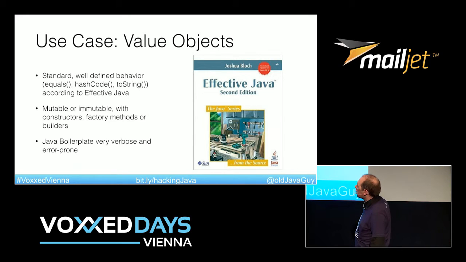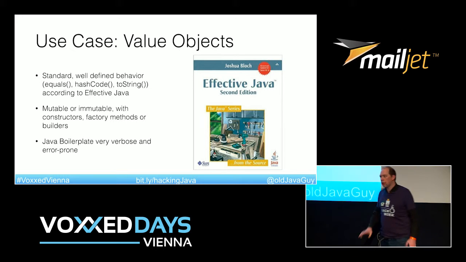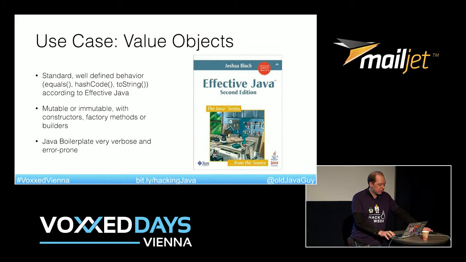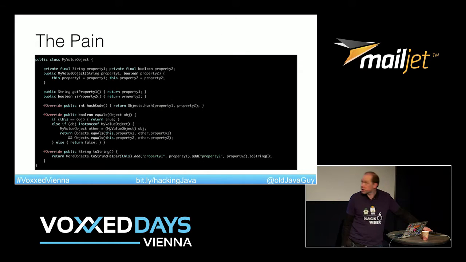According to this book, you want your value objects to have several methods implemented: equals, hashcode, toString, getters and setters if it's mutable, or getters and constructors if it's immutable. Perhaps you want factory methods, perhaps you want builders, perhaps you have additional requirements like serialization in whatever is your serialization technology, etc. All of this is very verbose, very painful in Java, and it looks like this.